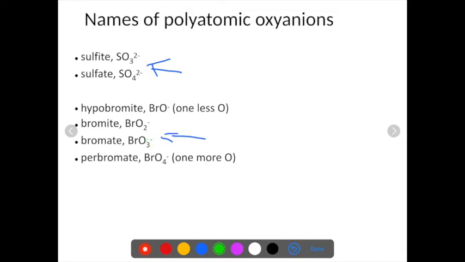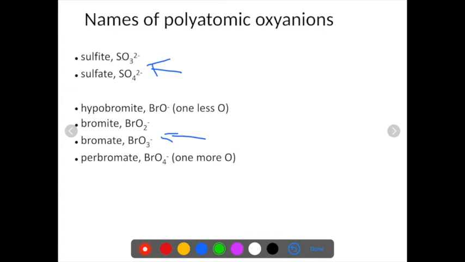So going from ate to ite, we just subtract an oxygen. Now going from ite to hypobromite, we subtract 1 more oxygen. So it's just BrO -1. Now going from bromate to perbromate, all I'm doing is adding 1 oxygen. So I get BrO4 -1. I can do the same thing for sulfate.